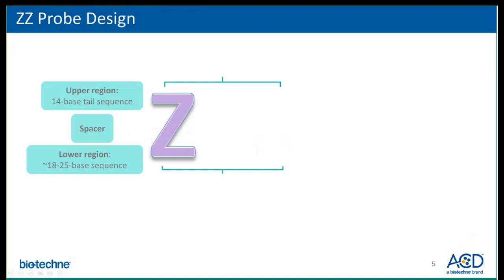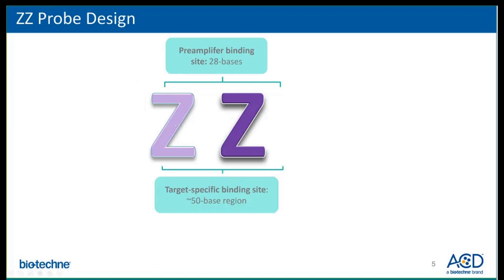When the pair of double Z probes hybridize next to each other at the target binding site, as you can see in this figure here, this forms about 50 base pairs along the target RNA.